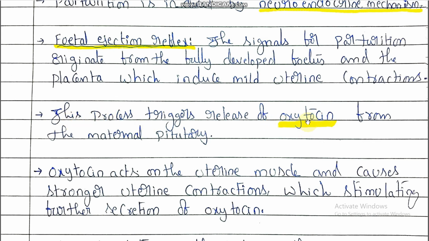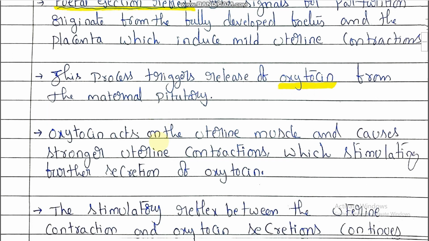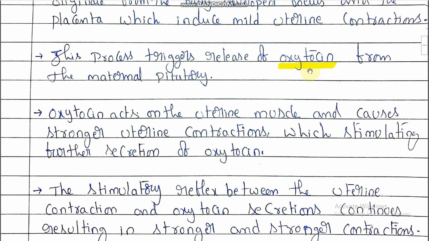So oxytocin is released from the mother's pituitary gland after which process? After the fetal ejection reflex, which triggers the release of oxytocin from the maternal pituitary. After this clear? Right.